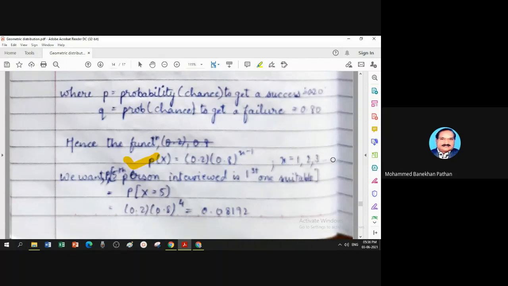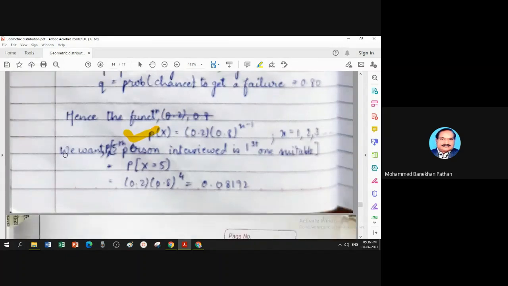X starts from 1 to infinity. What we want is the probability that the fifth person interviewed is the first one suitable.